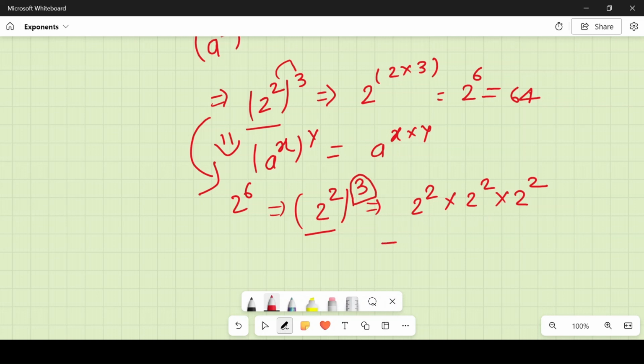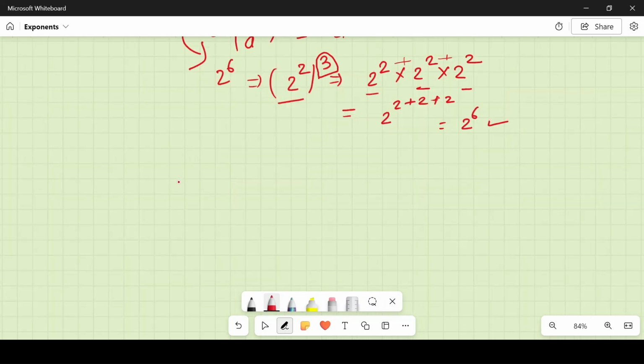Now we know the multiplication rule or product rule of exponents: the base is the same, so we sum up all these exponents. So 2 raised to 2 plus 2 plus 2, that would be 2 raised to 6, right?